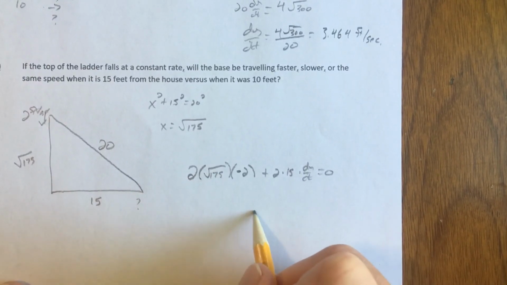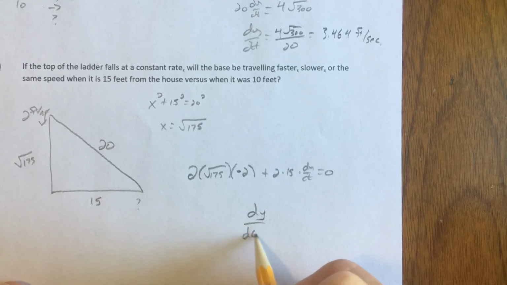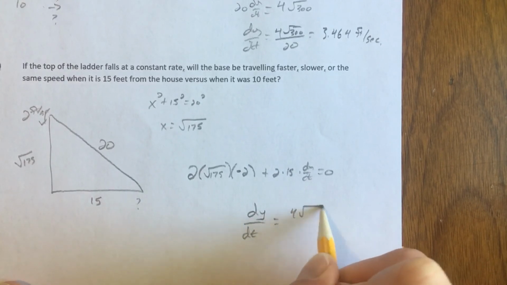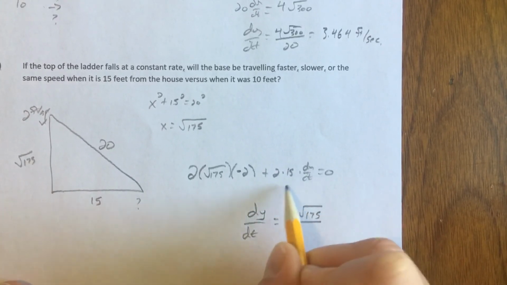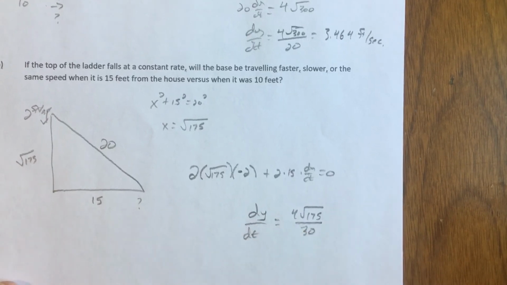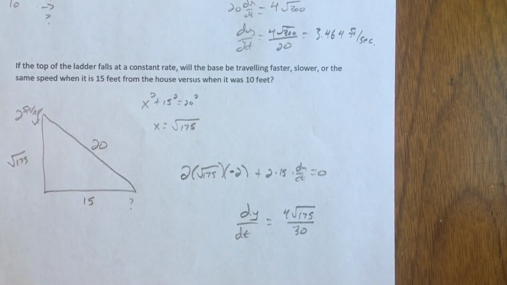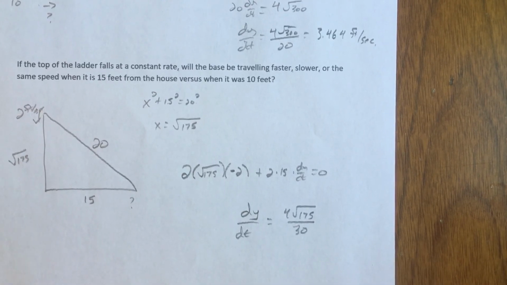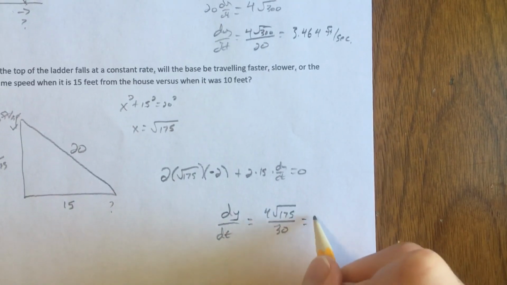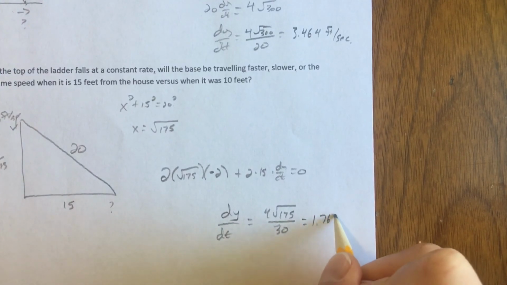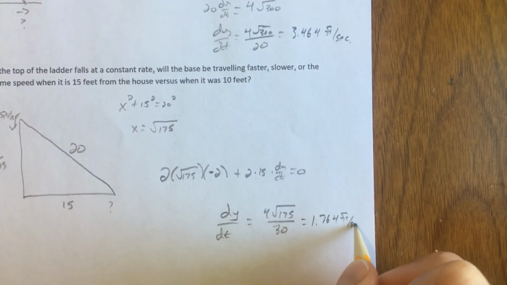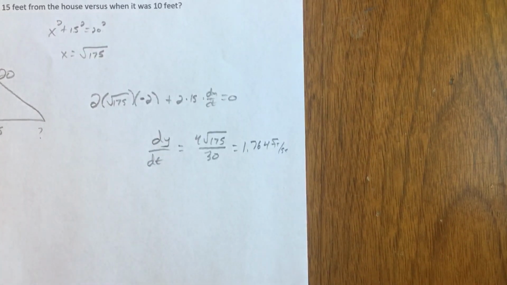If we move that over, we're going to get dy/dt equal to 4 square roots of 175 over 30. And if we do that, 4 times the square root of 175 divided by 30, we get 1.764 feet per second. Okay, so it's actually moving slower now.